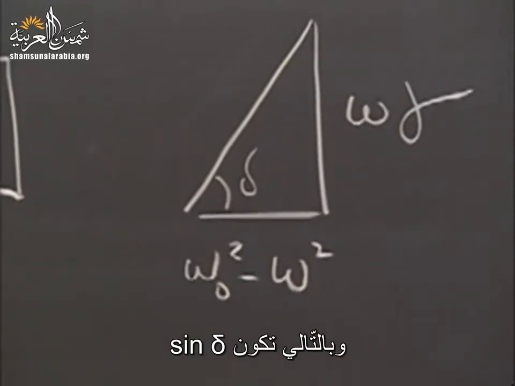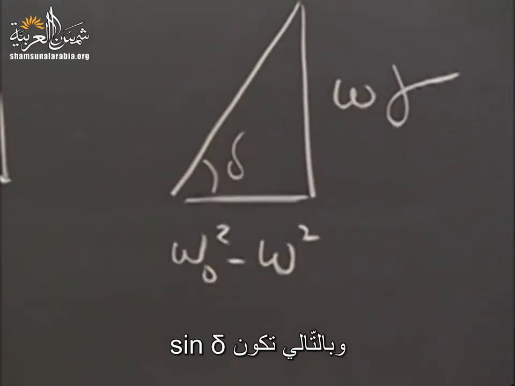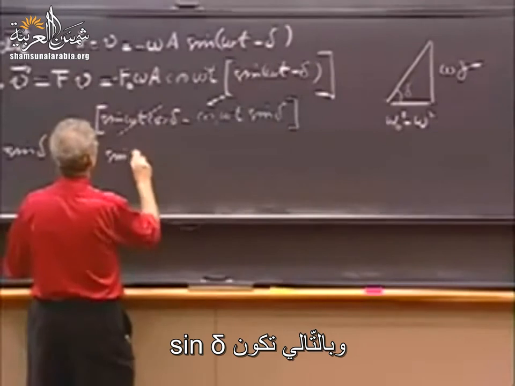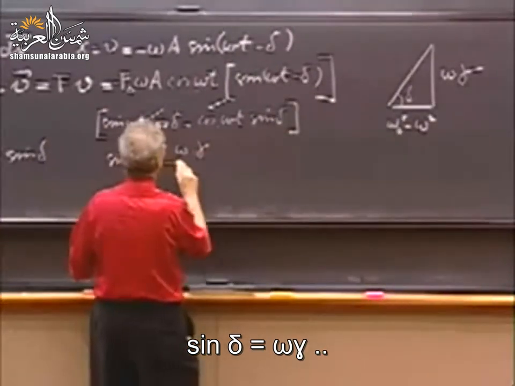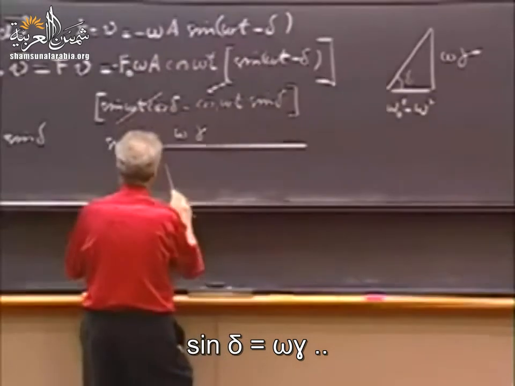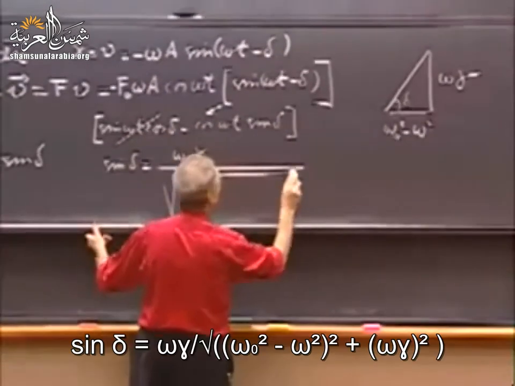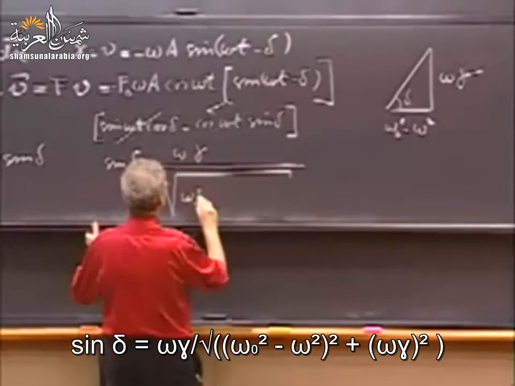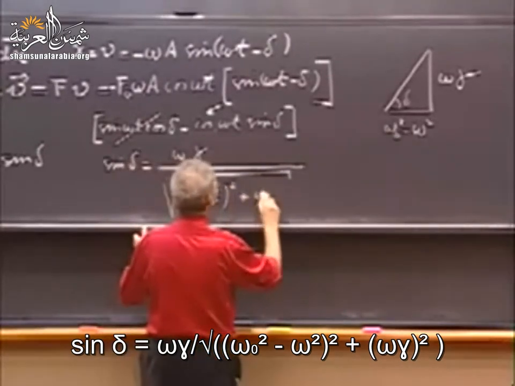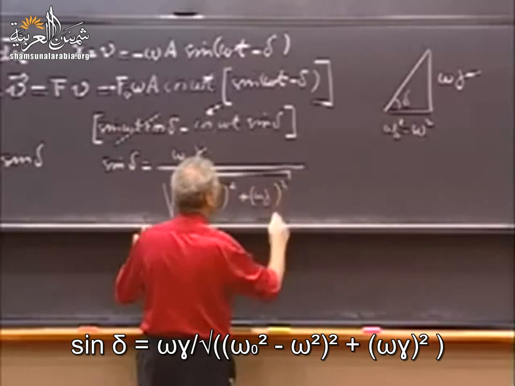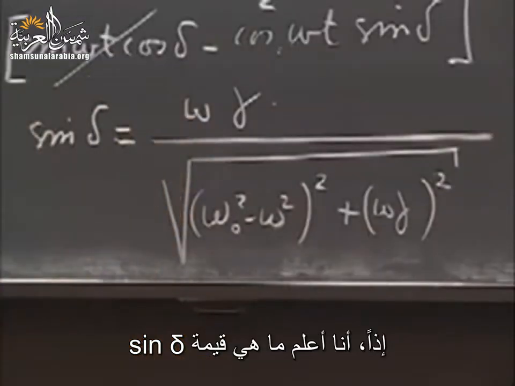And so I know that the sine of delta must be omega gamma divided by the square root of omega 0 squared minus omega squared plus omega gamma squared. So yes, I do know what the sine of delta is.